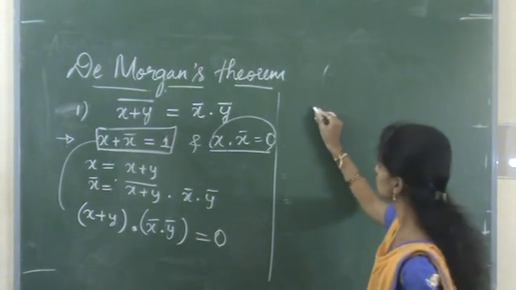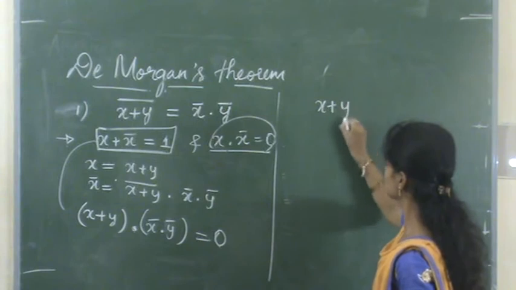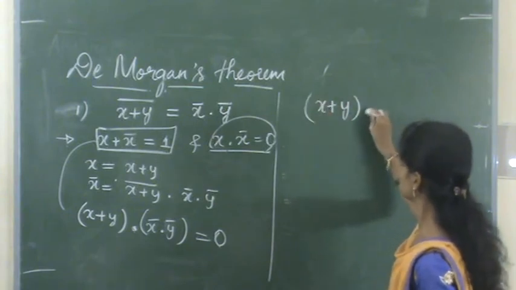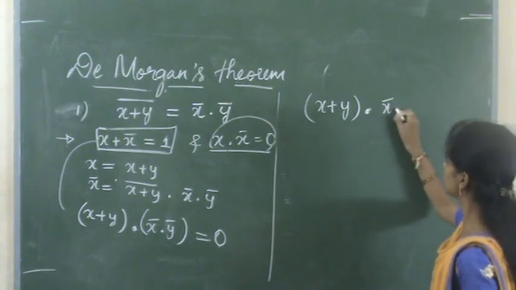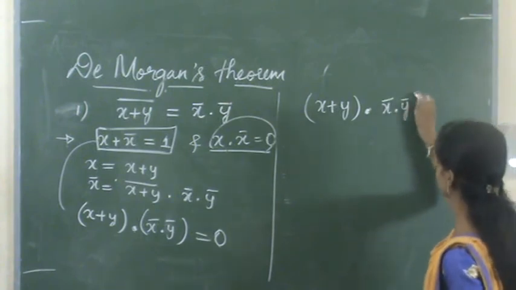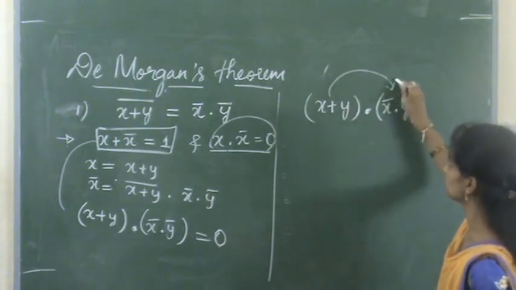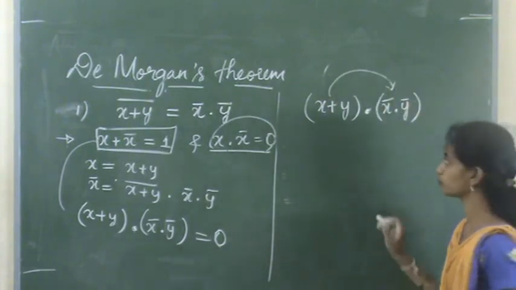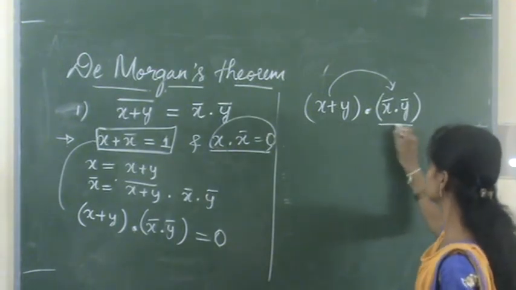So what is x? Means we are taking the LHS part, that is x plus y into, what is the x bar into y bar, right? So now I am multiplying this to this. Okay, from x these two, from y these two.